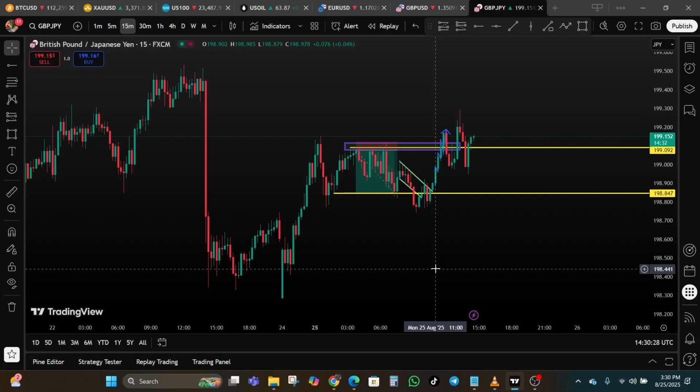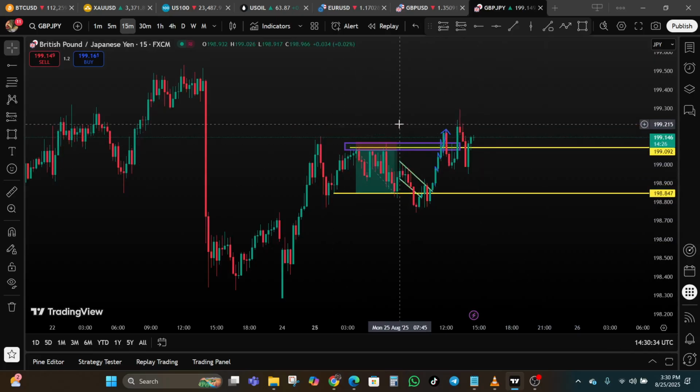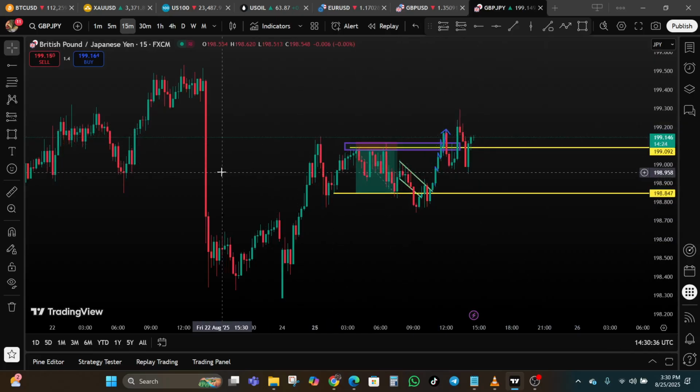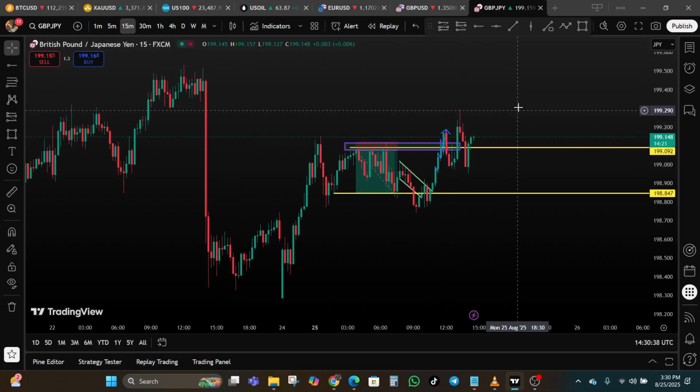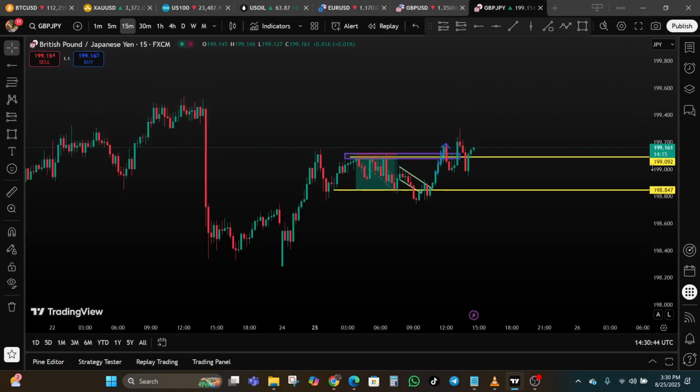Now looking at the current price activity, we can see that the price is currently giving us bullish vibes.